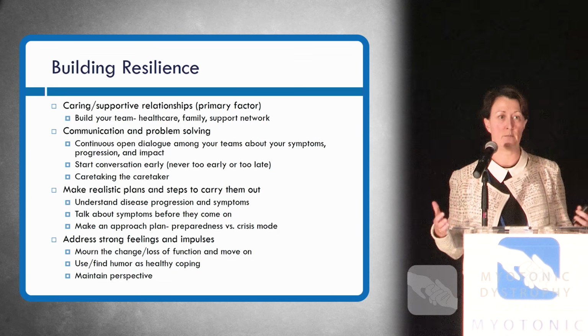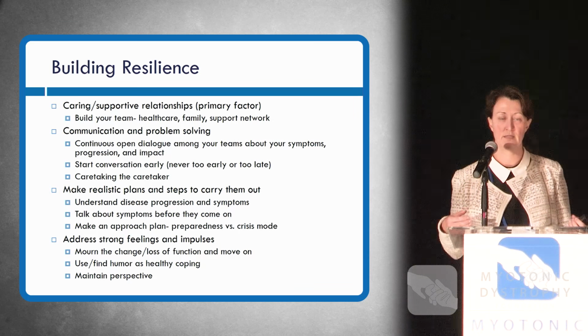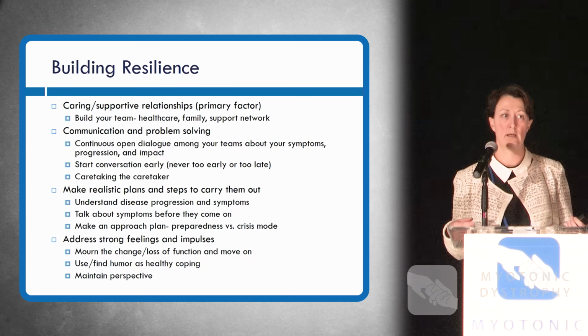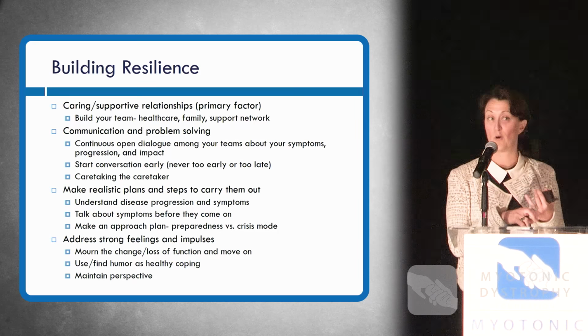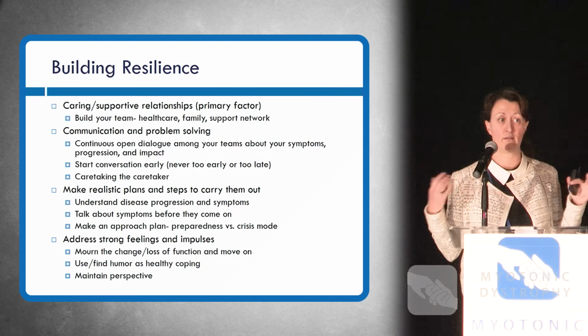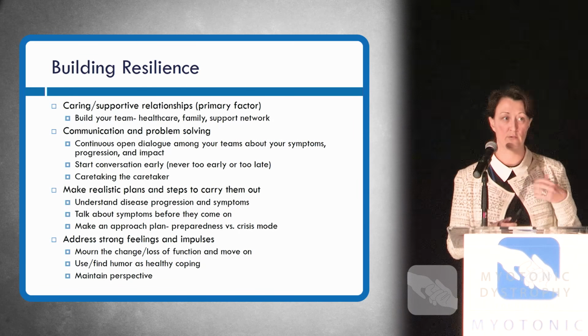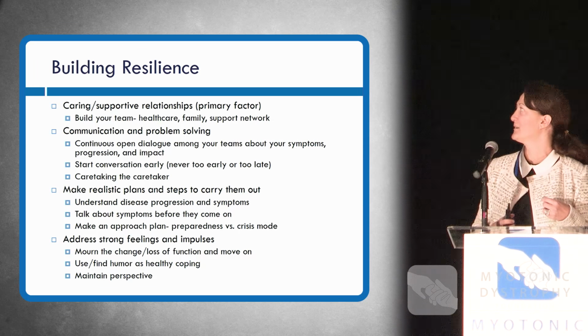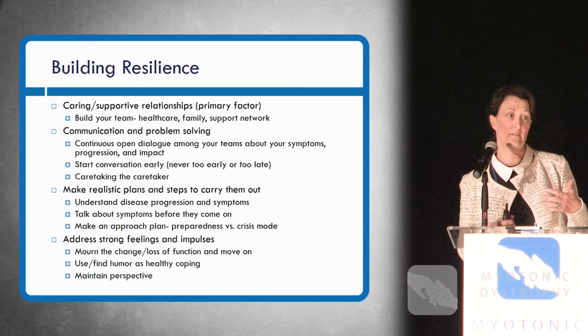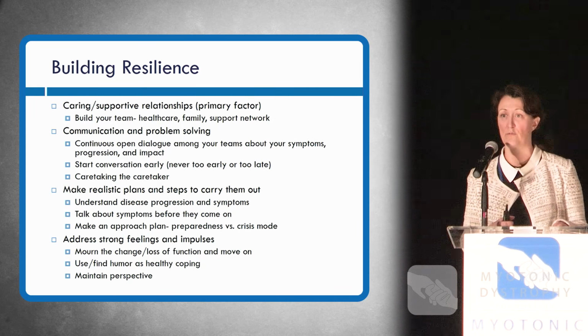Because then by talking about them early, you have more control over that, you have a plan in place, and so that when you do start to notice the decline, two things: you already have this open relationship and opportunity to talk about these things with your team, and then you have a plan in place for how you'd like to move forward.